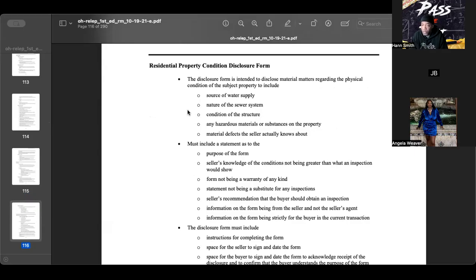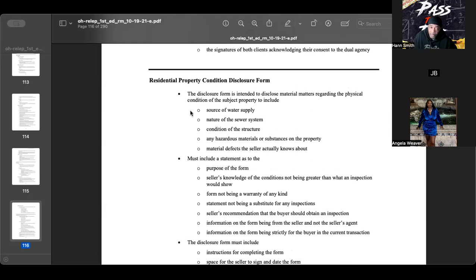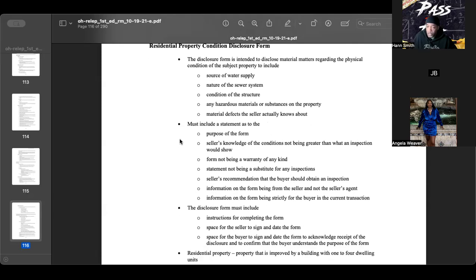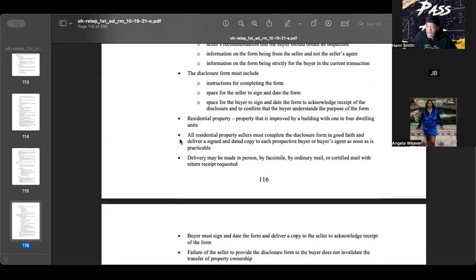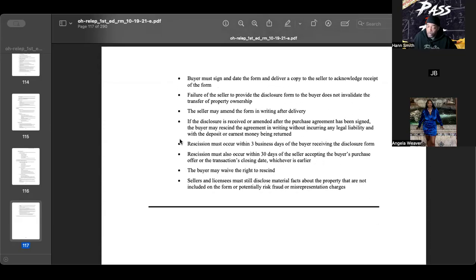This has something to do with the property's condition. So the relationship between me and you as the buyer or the seller, and then you have to tell me what's going on with the property, what you've done to the property since you owned it, or what you know about the property that may be defective. And this is the form that you do all of that stuff with. So I'm going to show you this form as well. And that's called the residential property disclosure form.